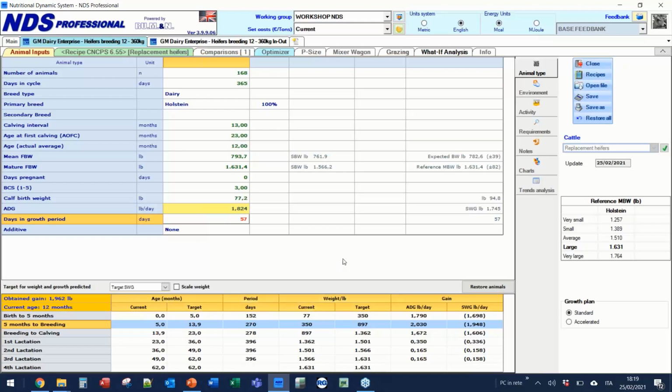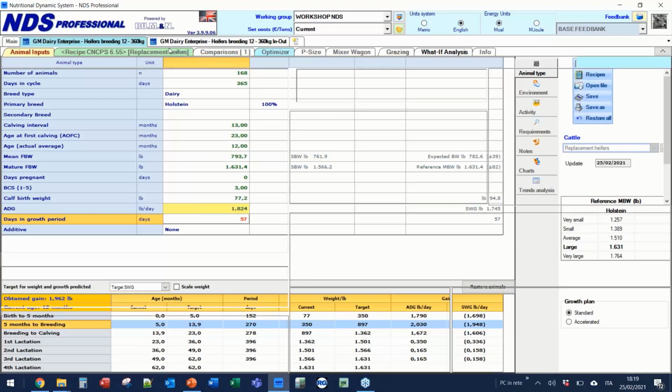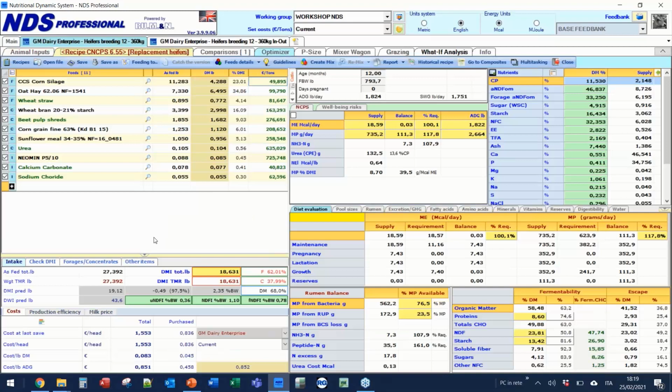Based on this approach, we are ready to evaluate our diet, and I jump to the diet screen just to show you the most important numbers that we are evaluating.